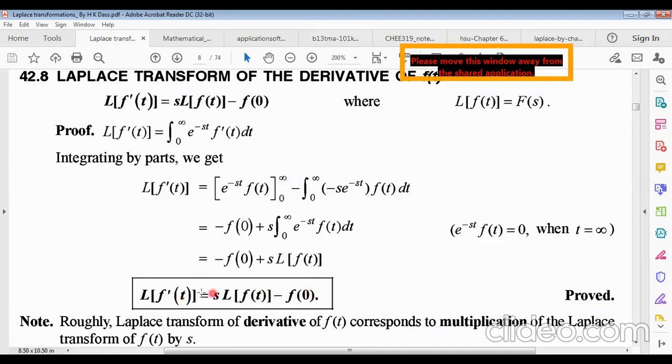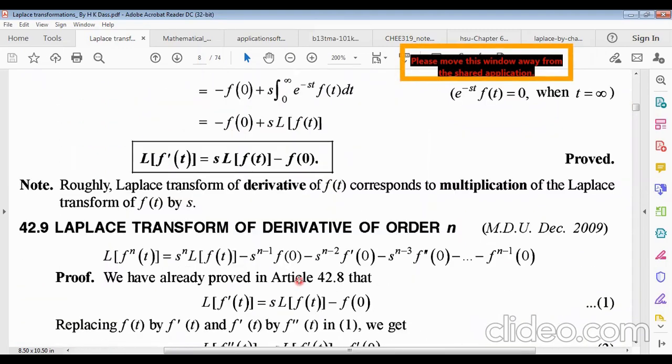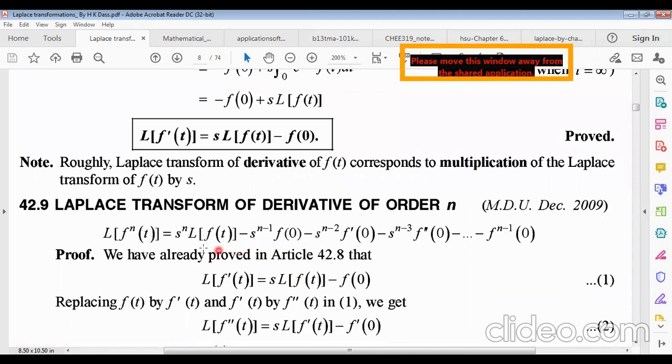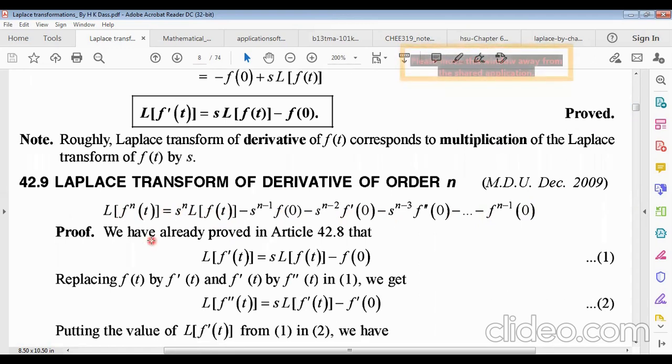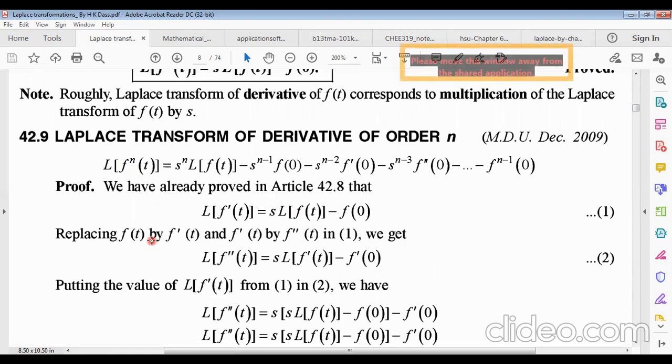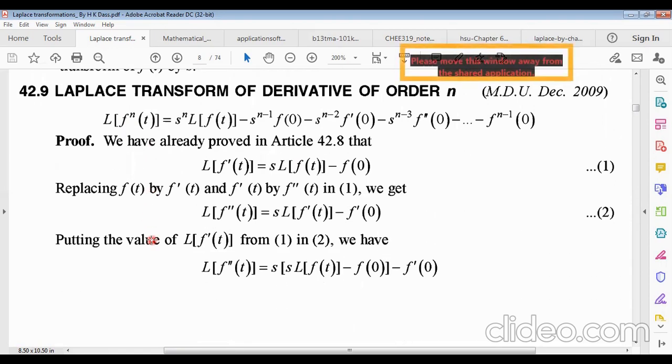Okay, note down this formula, and we can find the Laplace transformation of the nth derivative of f of t using this. We must know about the Laplace transformation of derivatives. We proved in our previous lecture that the first derivative gives s times the Laplace transformation of f of t minus f of 0.